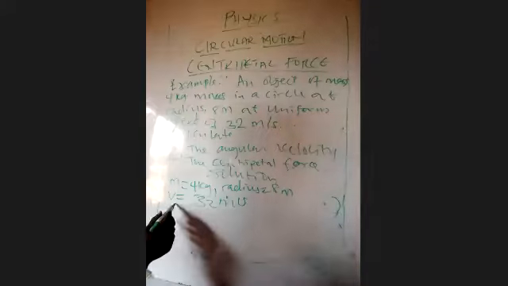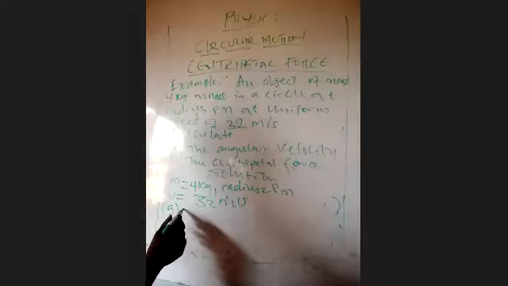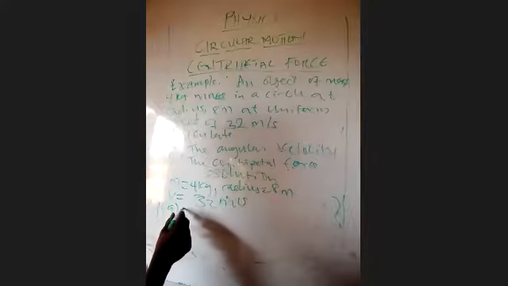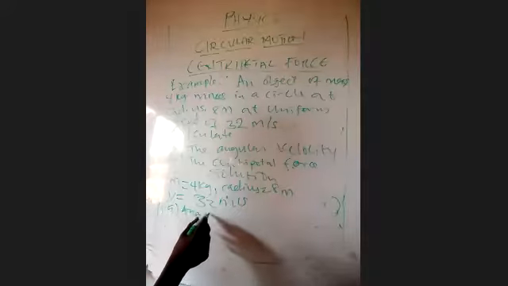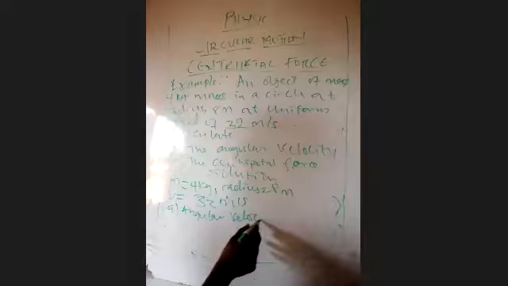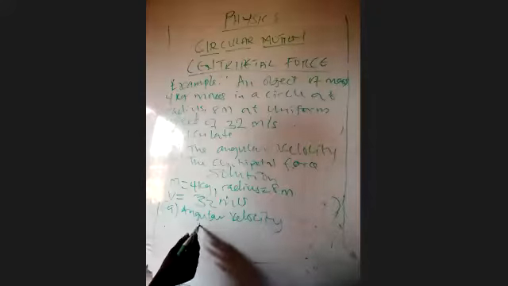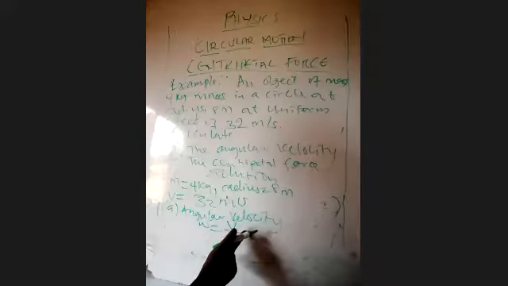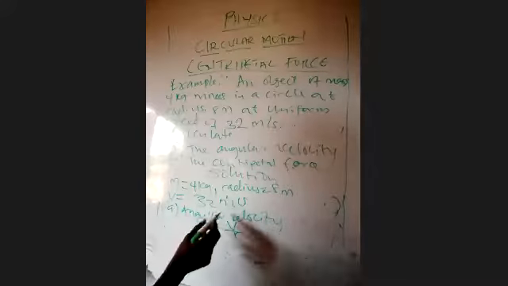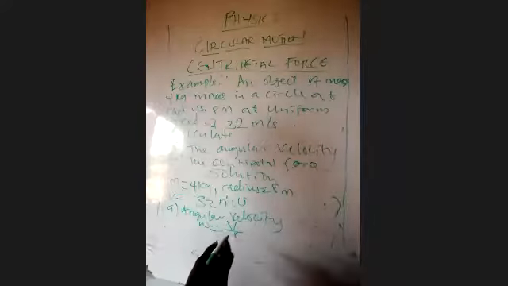So, A, the angular velocity. Do not forget that our angular velocity, W, is equal to V all over R. Our velocity is 32 meters per second.